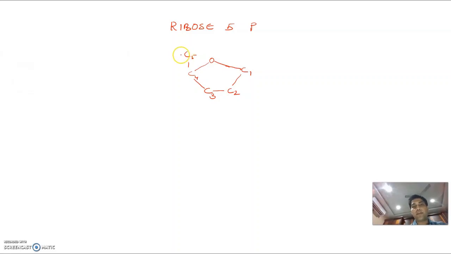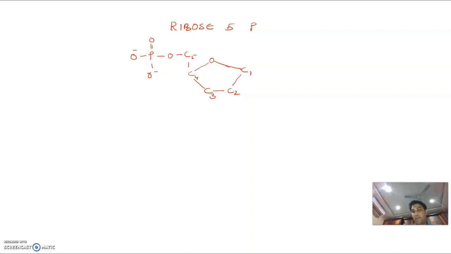To this ribose, on carbon 5, there is a phosphate group attached.